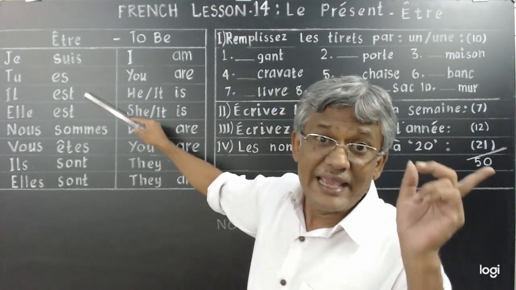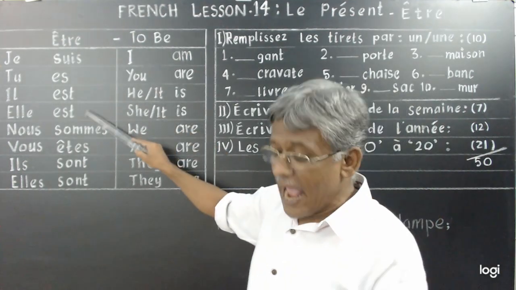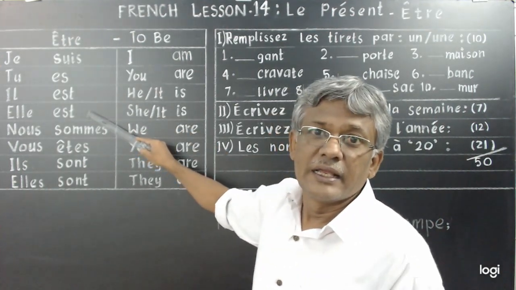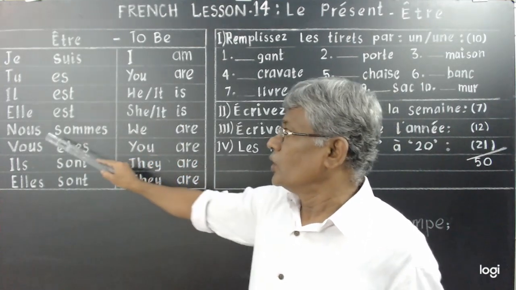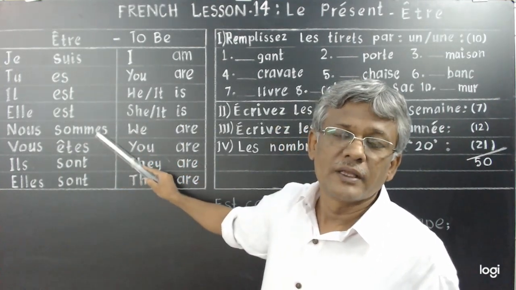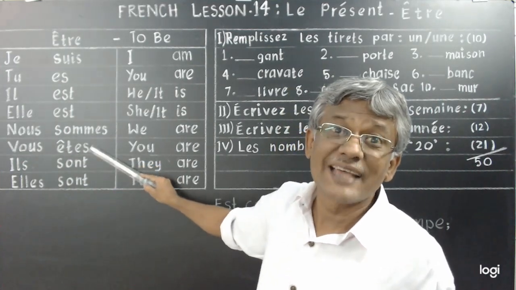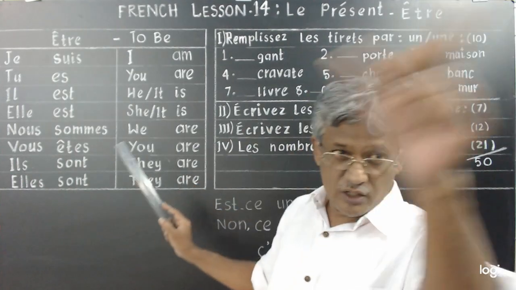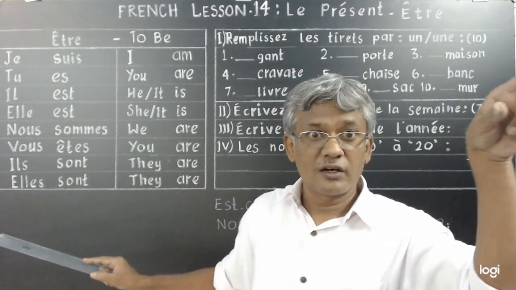Il est, he is, or it is. Elle est, she is, or it is. Nous sommes, we are. Vous êtes, you are, all of you are. Ils sont, they are.